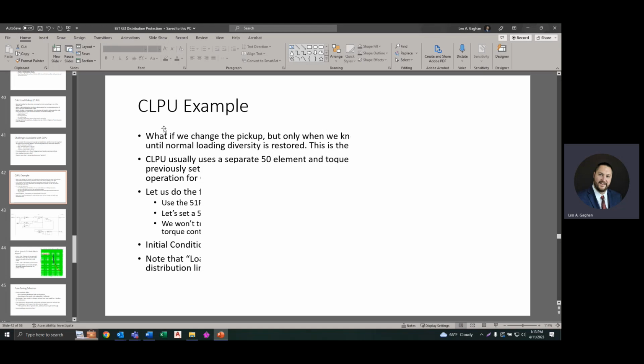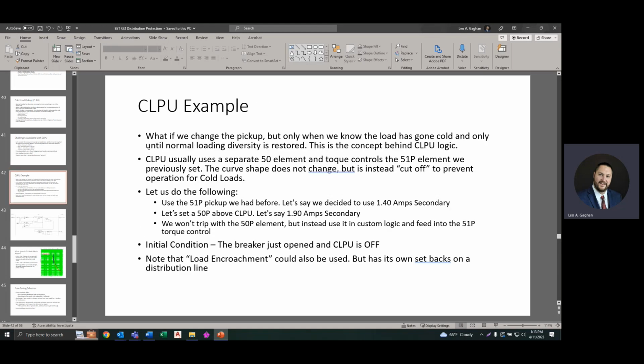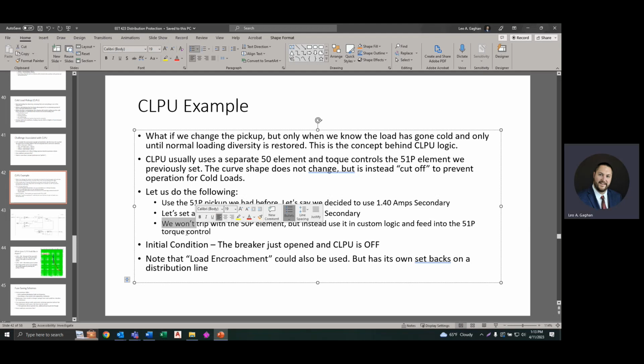Yep, the cold load pickup example that we had on the lecture. So we wouldn't want to trip with our cold load pickup.